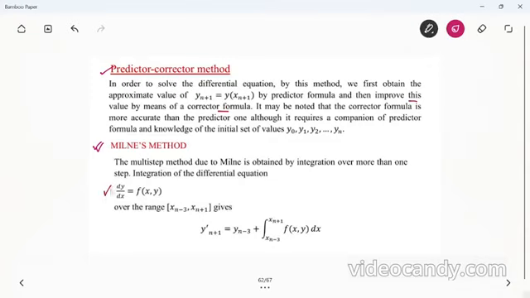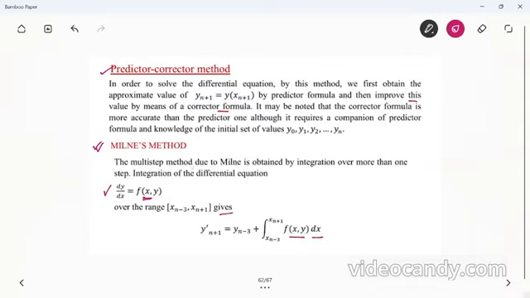Integration of the differential equation dy/dx equals f(x, y) over the range xn minus 3 to xn plus 1 gives yn plus 1 equals yn minus 3 plus the integral from xn minus 3 to xn plus 1 of f(x, y) dx.